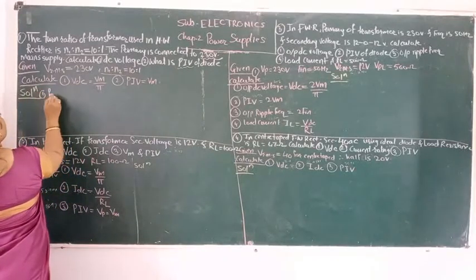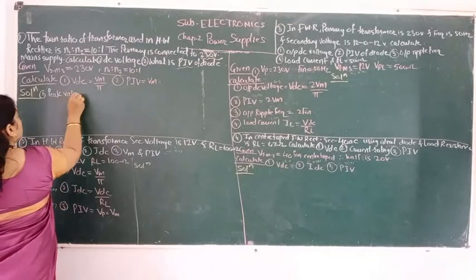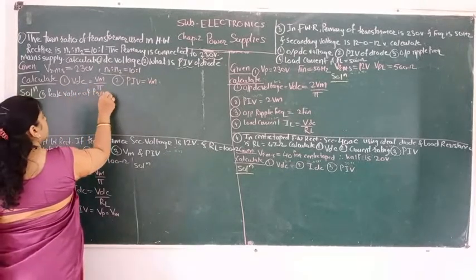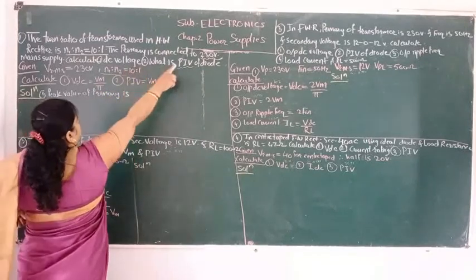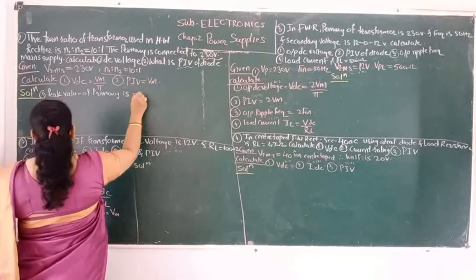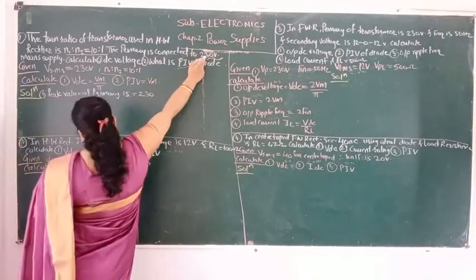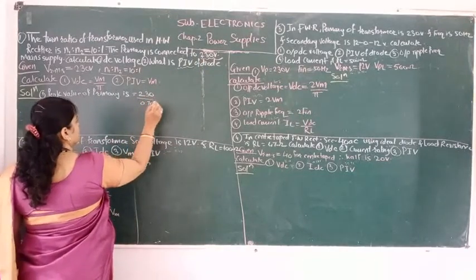First what we have to solve is the peak value of the primary. How much is it? The primary is 230 volt divided by 0.707.